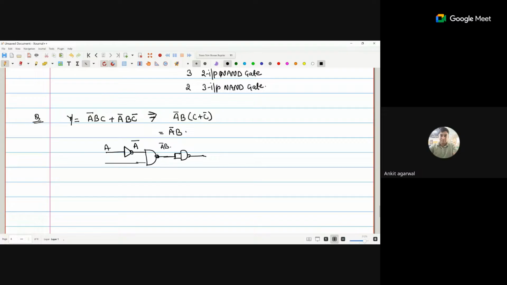Okay, because of this inverter, we are getting an inverted output. So to cancel out this one, I require one more NOT gate. So from A we are getting A bar B, so A bar B whole bar, and because of this inverter, A bar B double whole bar, so that will be cancelled out, so A bar B.